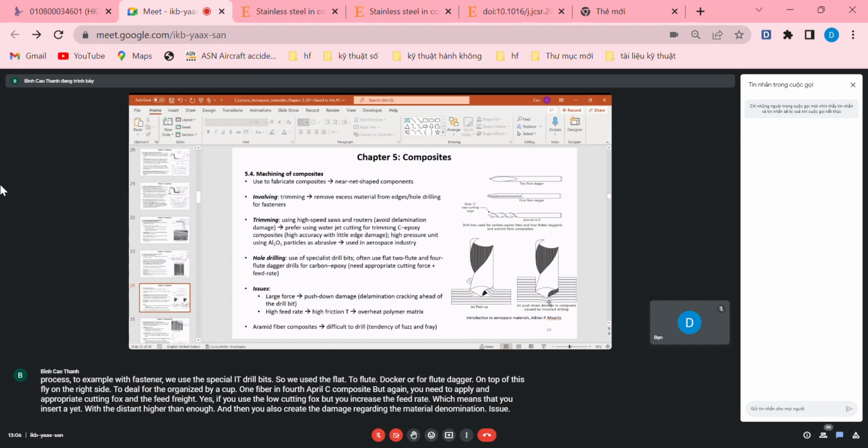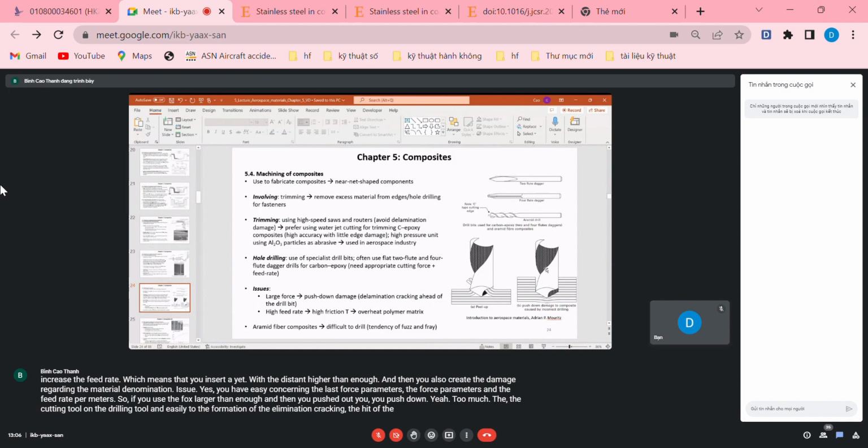So you have an issue concerning the force parameters and the feed rate parameters. If you use too large a force and push down the drilling tool too much, it leads to the formation of delamination cracking ahead of the drill bits.